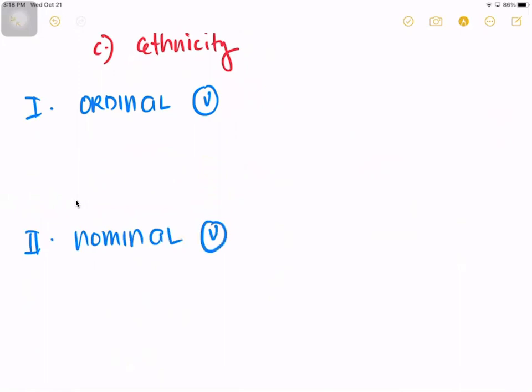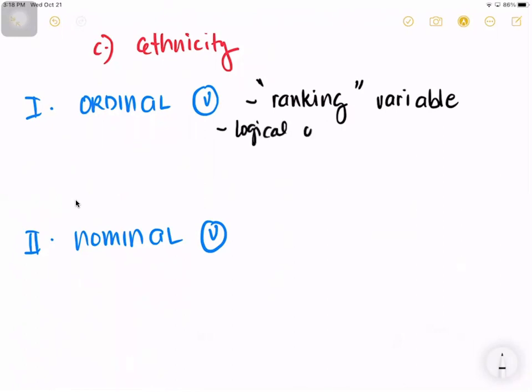It's quite easy to understand the difference between the two, because when we say ordinal, our key word here is rank. Your ordinal variable is considered a ranking variable, and how we rank it takes a logical order.